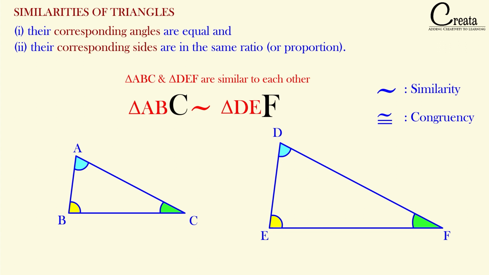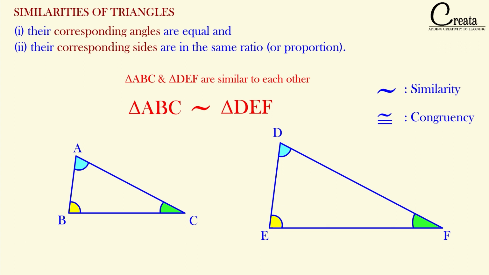The corresponding angles should match with each other. This is the rule for writing the similarity of two triangles or any two figures. The corresponding angles should match and they should be in perfect order. So this is the standard mathematical rule that should be applied. So this is the basics of similarity of triangles.